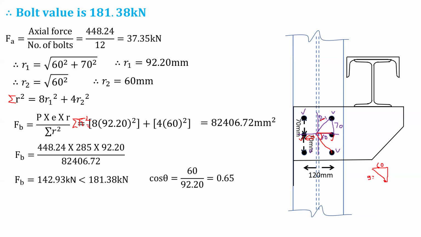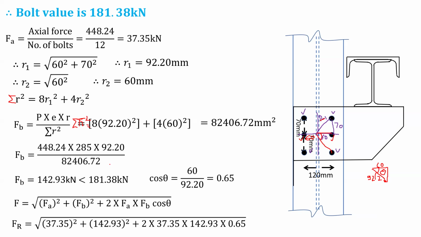From this we get cos theta, and that is 60 upon 92.2, which will be 0.65. I have directly calculated the value of cos theta. And then we have this formula.